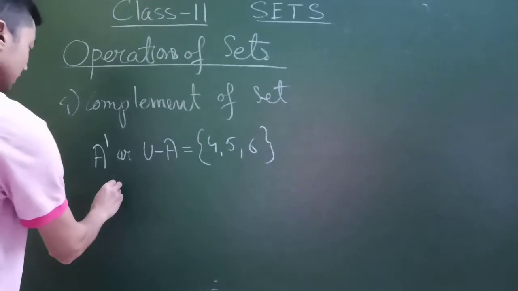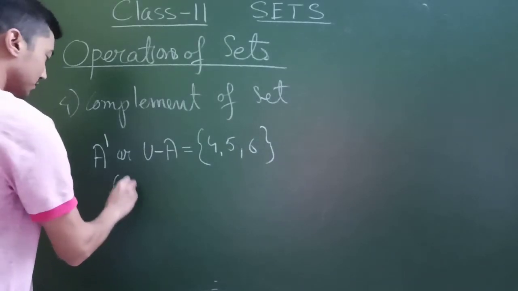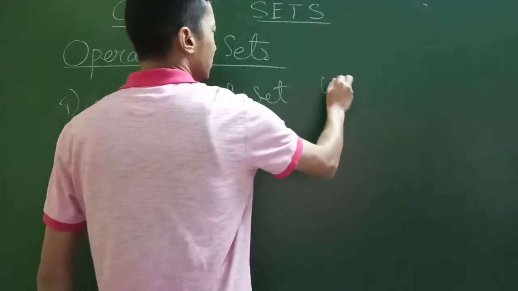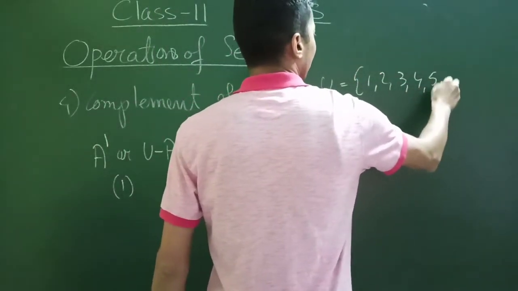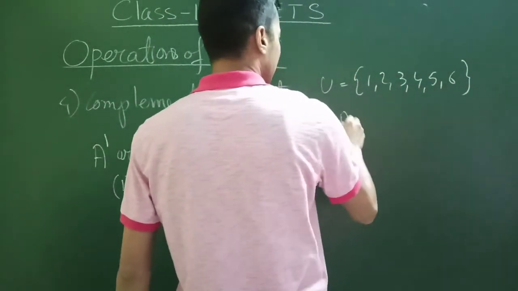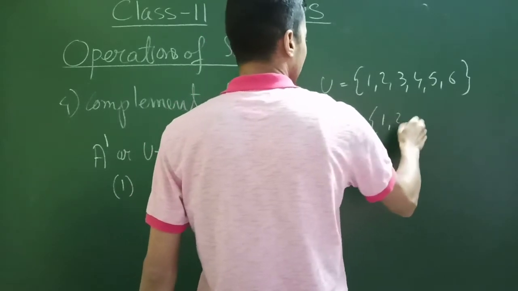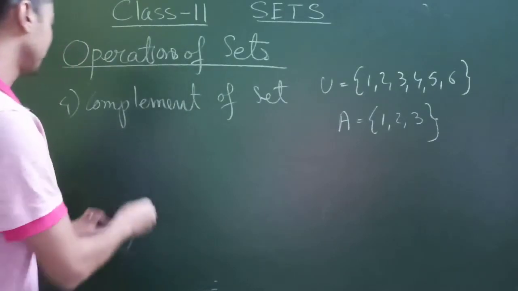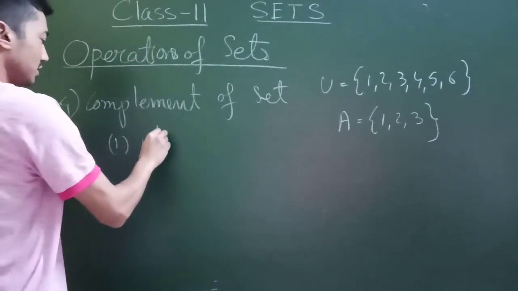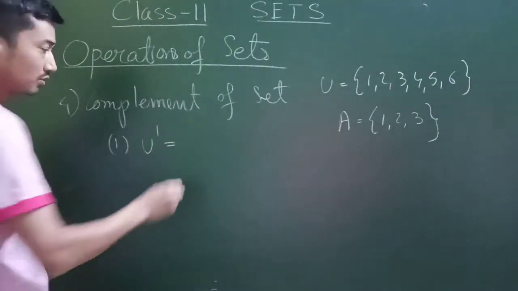The first one, you can note down also. Let me not forget the universal set, 1, 2, 3, 4, 5, 6. My set A was 1, 2 and 3. The first one is, complement of the universal set U will be a null set.